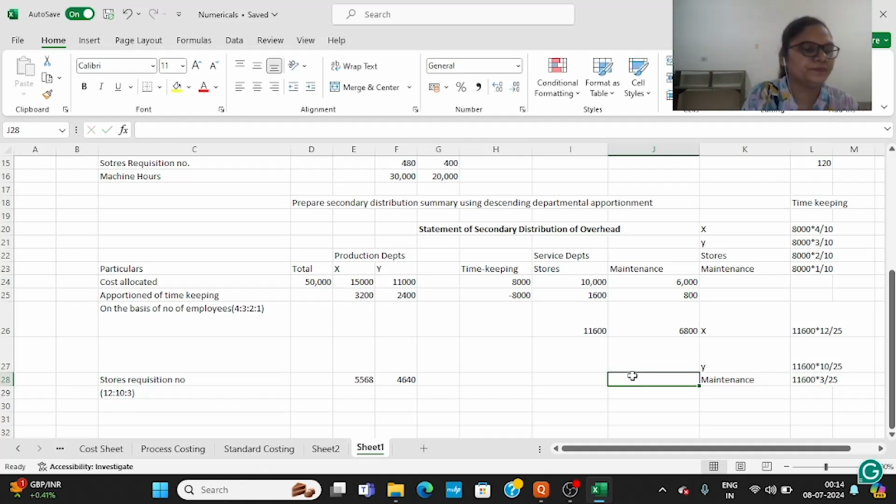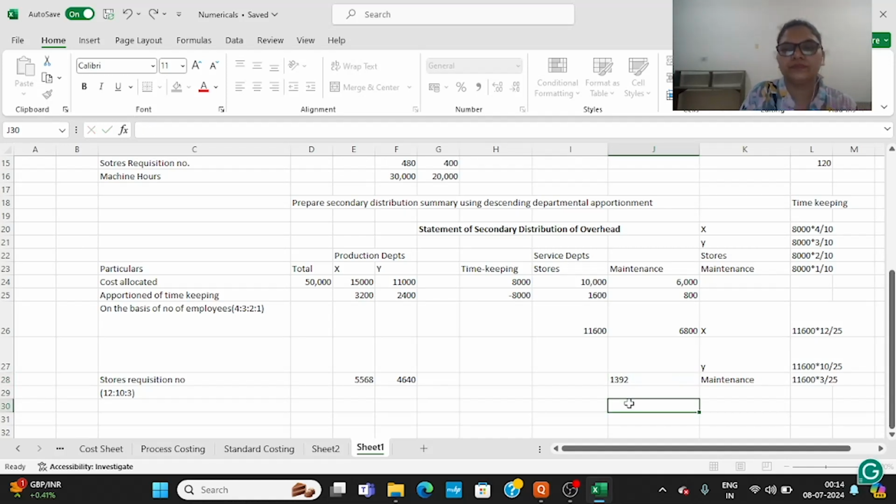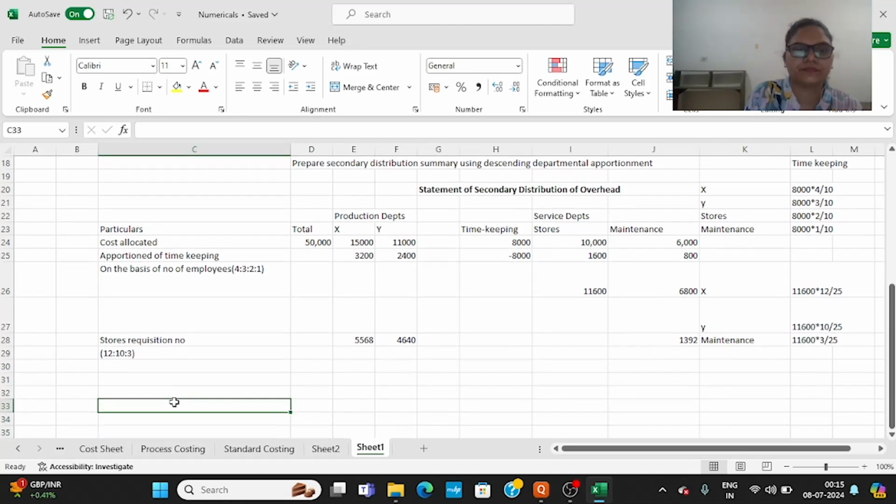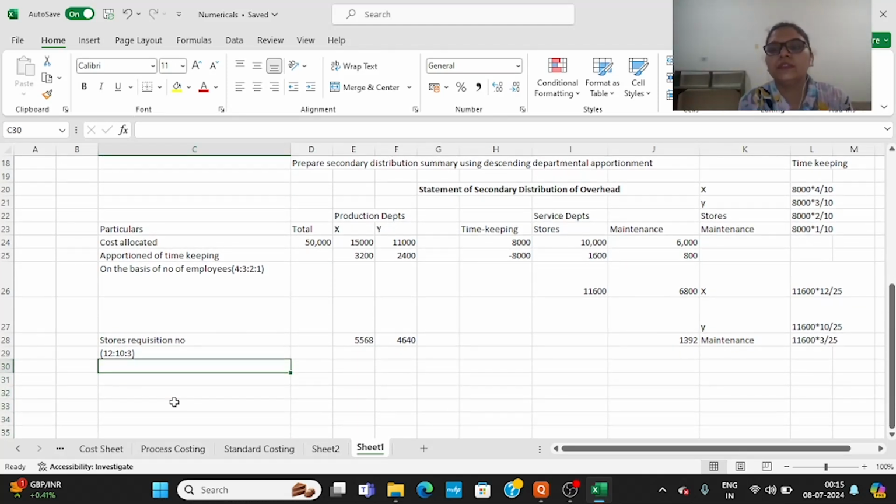It will give you 1392. Now these expenses have been allocated.